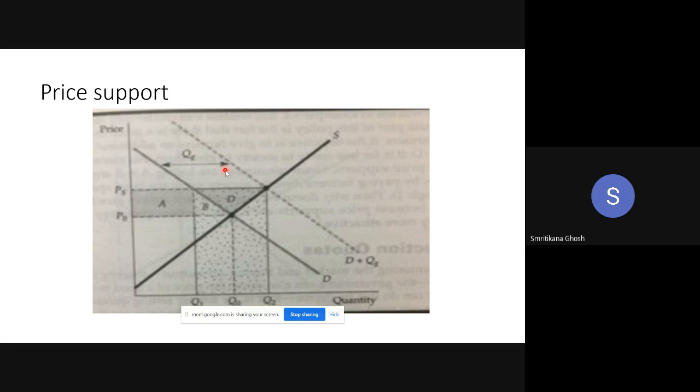And in reality, in the Indian agricultural sector, the government is doing this. Directly from the farmer, in the field, the government is purchasing the food grains. Is that okay? So this is the price support by the government to the agricultural sector especially.